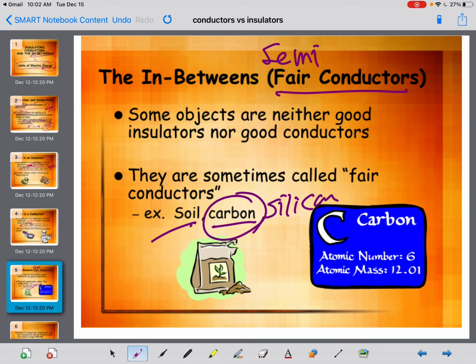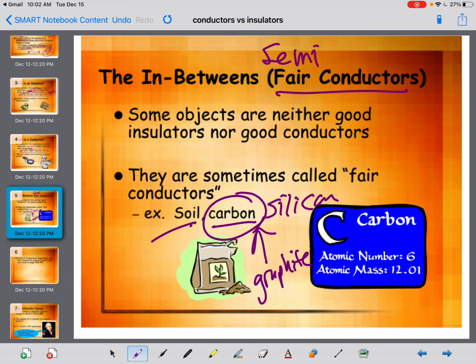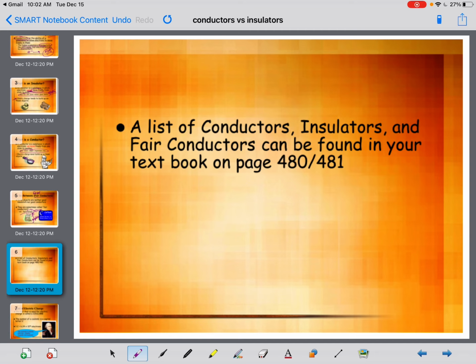Electrons can flow through them, just not as easily as in a true conductor. For example, the carbon in your pencil lead, known as graphite, is a semiconductor. The pencil lead can move charges, just not as well as a metal would. There's a long list of conductors, insulators, and in-betweeners in your textbook if you want to check that out.